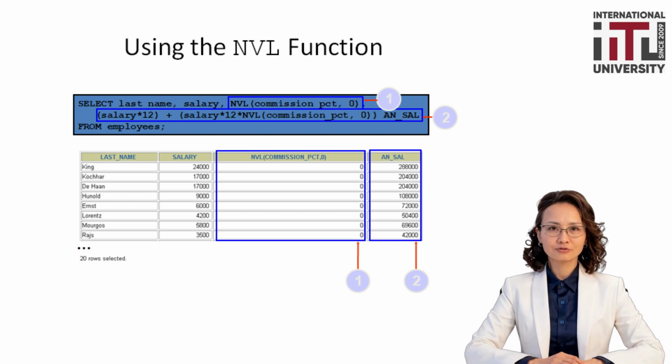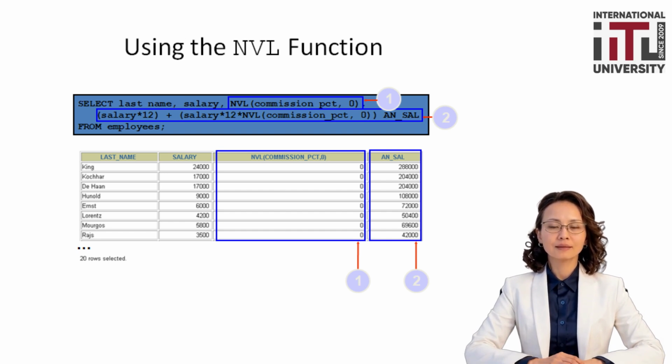The second part of the query calculates the annual salary as sal using the formula salary * 12 + salary * 12 * NVL(commission_pct, 0). Here, NVL ensures that employees who do not have a commission still receive a correct annual salary calculation instead of getting a null result.